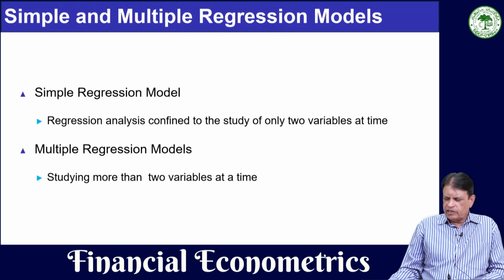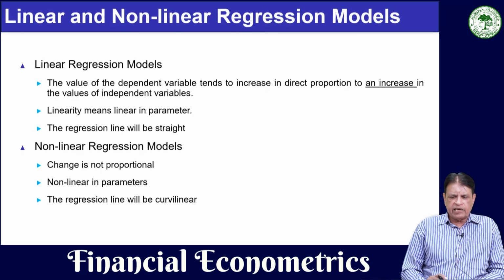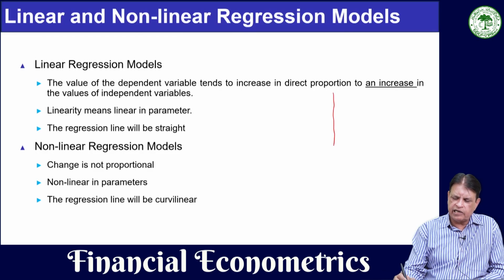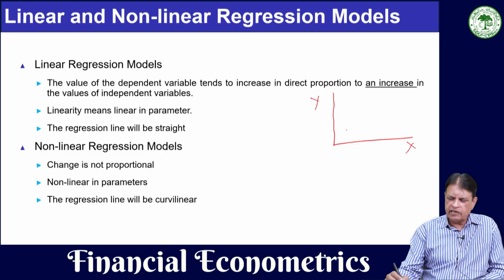So that we have already told you, we can skip that. Linear and nonlinear regression, we have also told you that linear means linear in parameters and the regression will be a straight line. If you plot a linear relationship, suppose we have y here and x here, then it will be in the form of a line like this, or it may be like this.